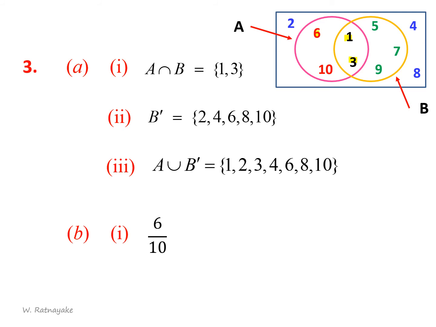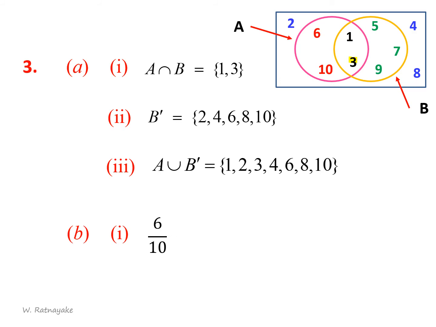There are 4 elements, and excluding set A, there are 6 elements: 2, 4, 5, 7, 9 and 8. Therefore, the probability of getting an element which is not in set A is 6 upon 10. So the answer for part 1 of part B is 6 upon 10. And the second one is multiple of 4.